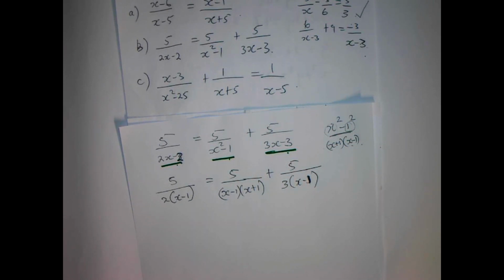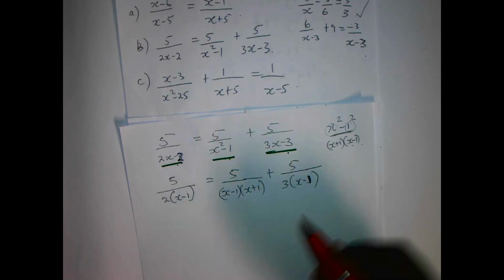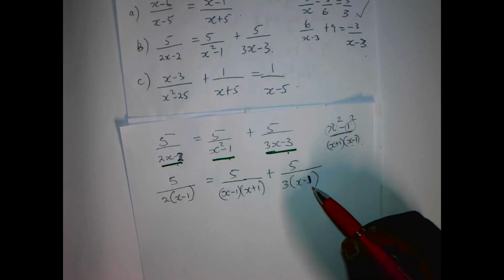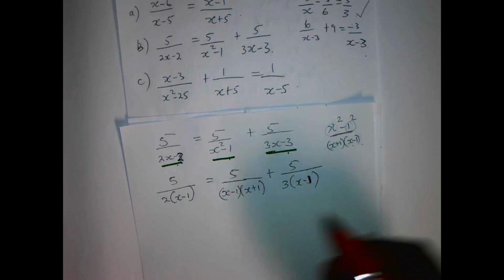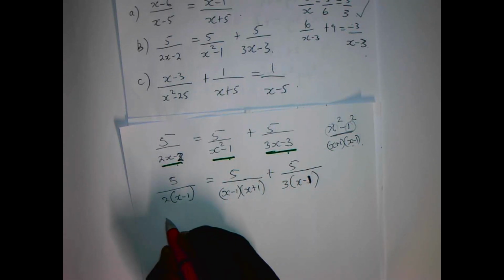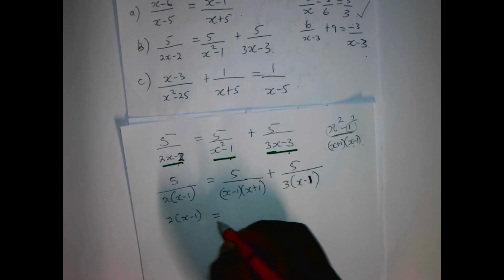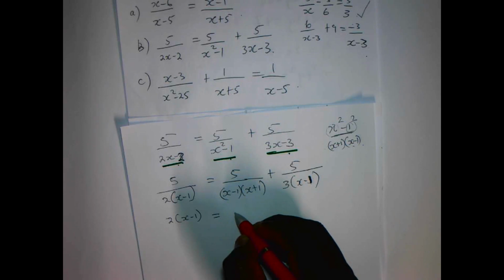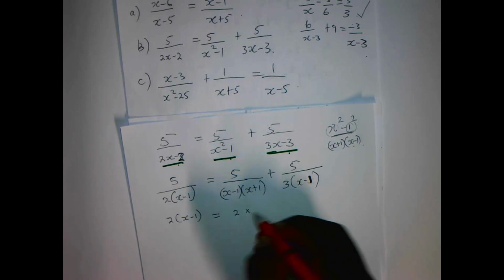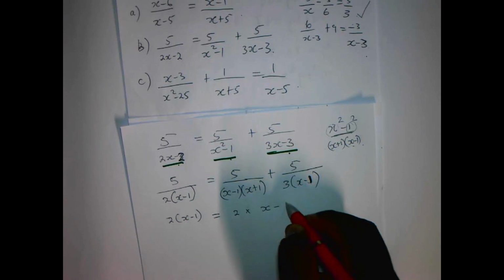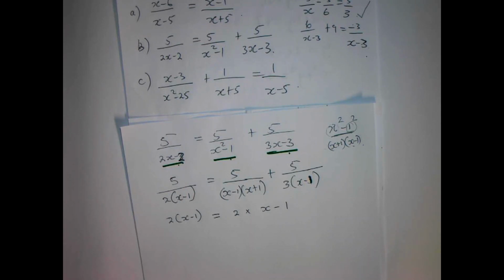Now let me demonstrate here how we are finding the LCM. So let us rewrite all this. 2x minus 2 as a product of prime factors can be written as 2 times x minus 1. You see?